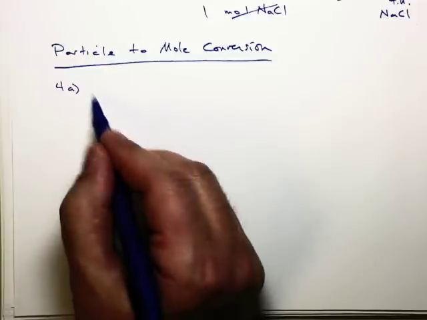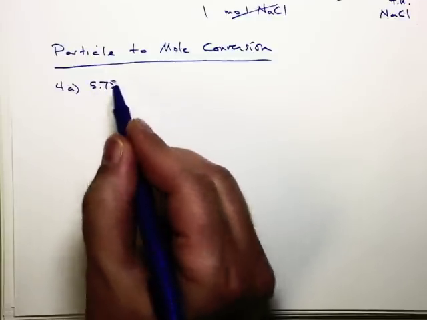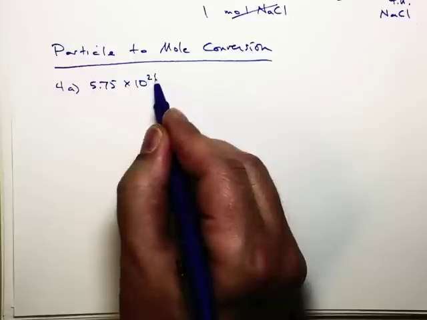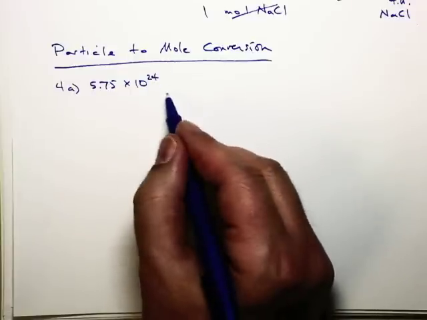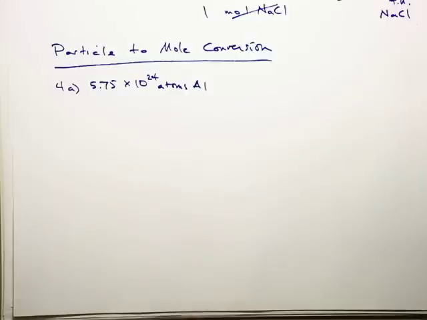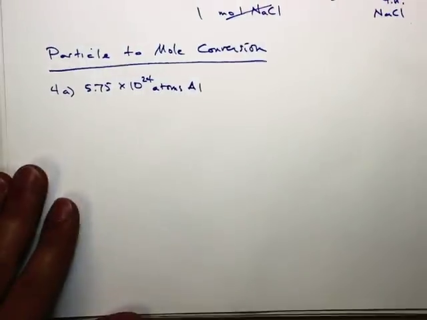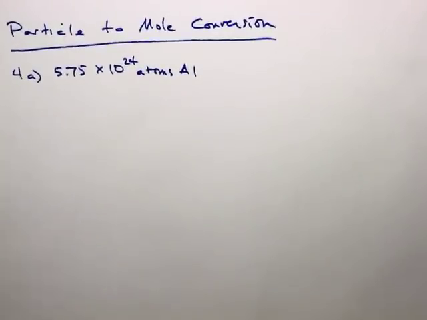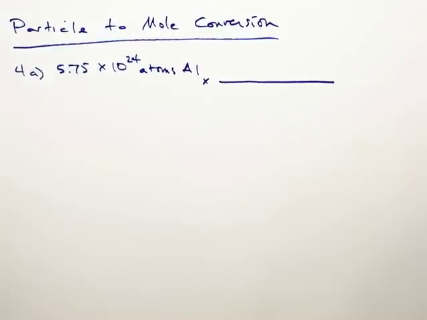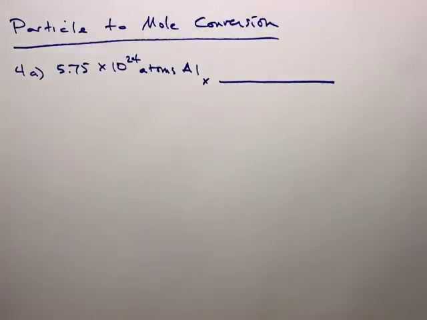We have 5.75 times 10 to the 24th atoms of aluminum. And we are to find moles. So what that means is we got to set up a problem that's going to look like what we've been doing before, but what we find above and below the line is going to be a little bit different now.